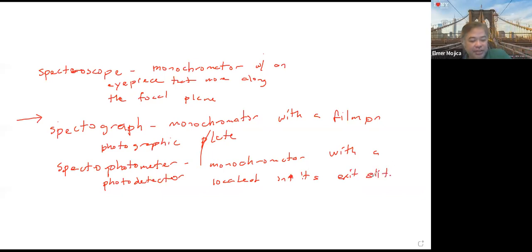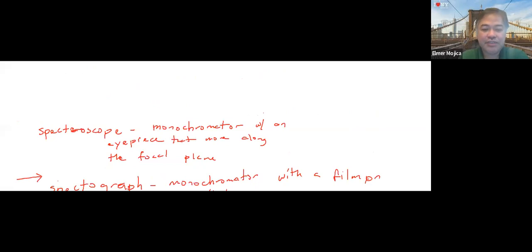So provision is made for removing the dispersing elements so various portions of the spectrum can be focused on the slit. So yung spectrophotometer na ginagamit natin, okay, sa UVBs, it measures the amount of the photons or the intensity of light that is absorbed after it passes through a sample solution.